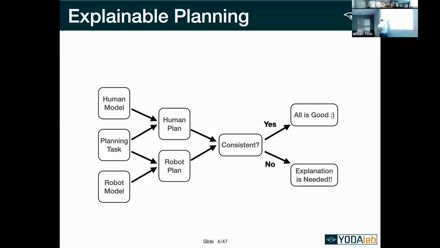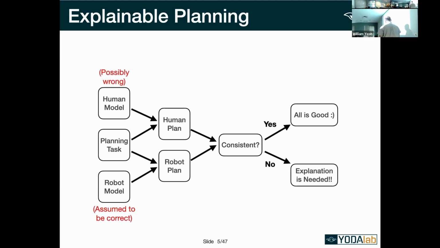You, on the other hand, have some model of the world as well, a model of how the Roomba works, and you have some plan of how you think Roomba should be working. When these two things are consistent, everything is good, because the Roomba is working exactly as you thought it would. When these things are inconsistent, when there's some divergence, this is when explanation is needed. So this motivates why explanation is needed.